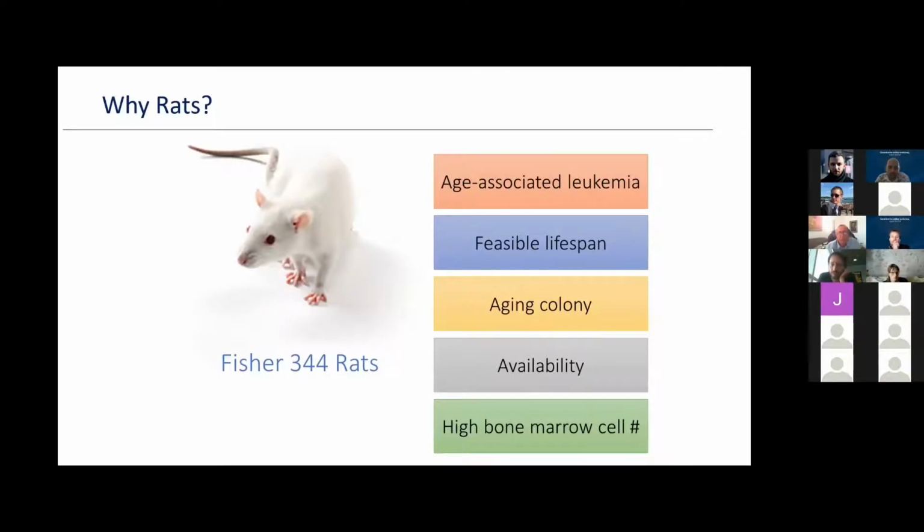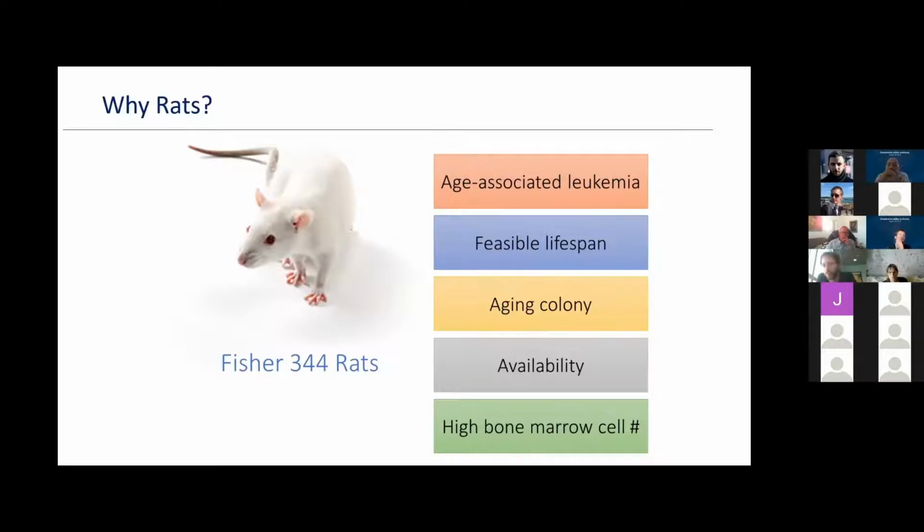The first benefit is the physiology of the rat is much closer to human than the mouse. Still closer to a mouse than to a human, but it's closer to a human than a mouse. And the same goes for some of the blood parameters. One of the main differences: in humans, we see an aging disease called AML, acute myeloid leukemia.